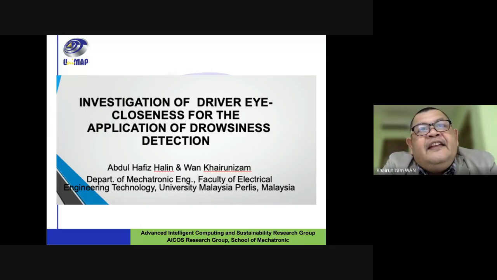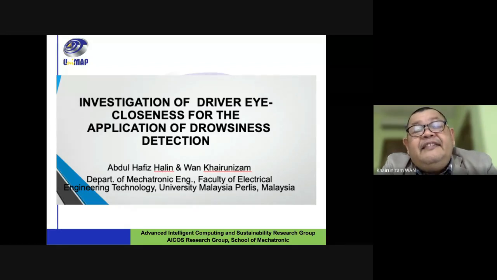In this project, we use a camera as a vision sensor. First, to detect the face of the driver. After detecting the face of the driver, we try to detect the eyes of the driver. And then we do the analysis by detecting the closeness of the eyes.